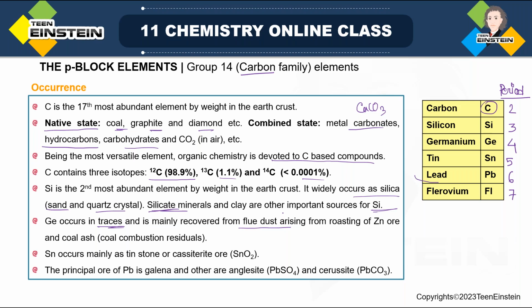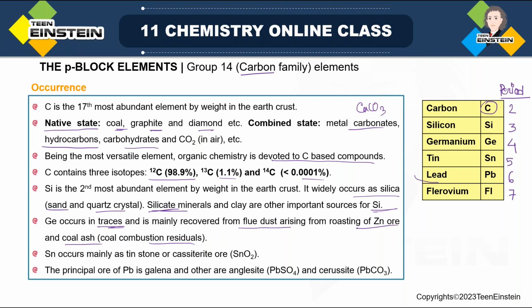So in those metallic finely divided particles of metal, traces of germanium are mainly recovered. Okay, and in metallurgy, during roasting of zinc ore, then coal ash, which is coal combustion residuals. So during those processes, from the flue dust that appears, we can get traces of germanium.